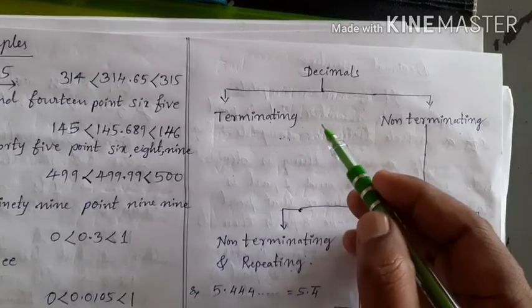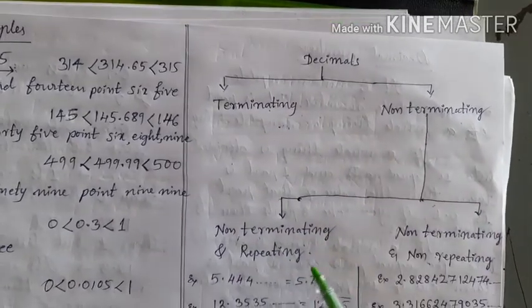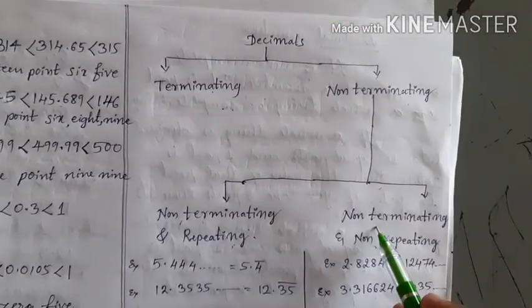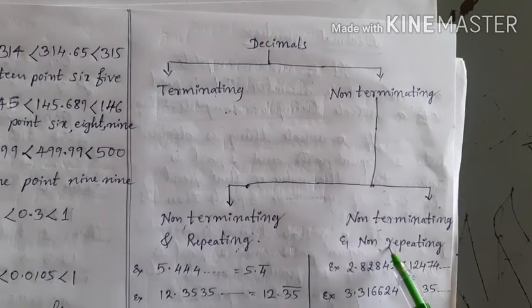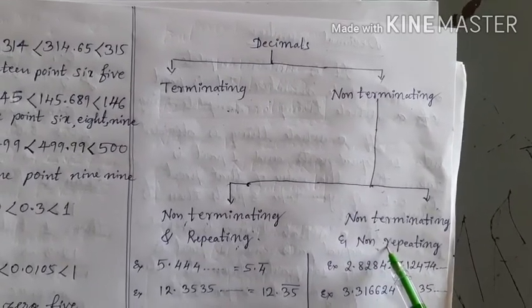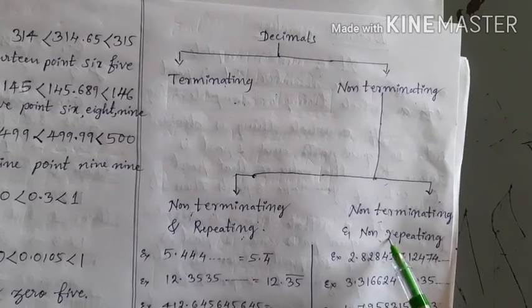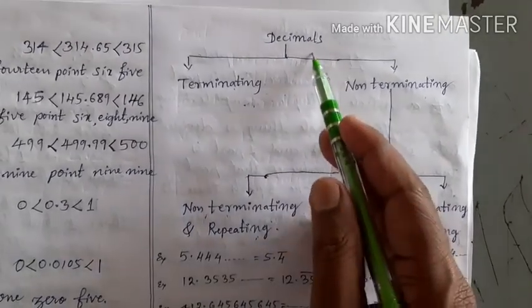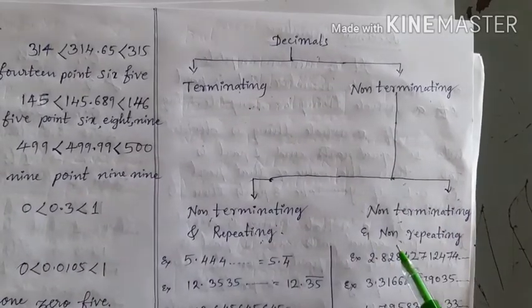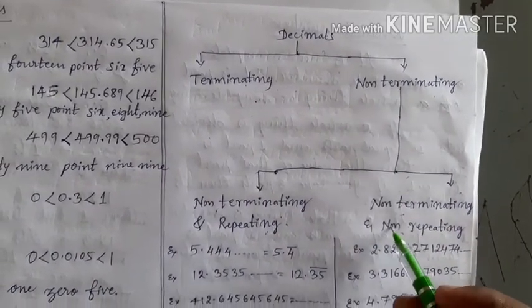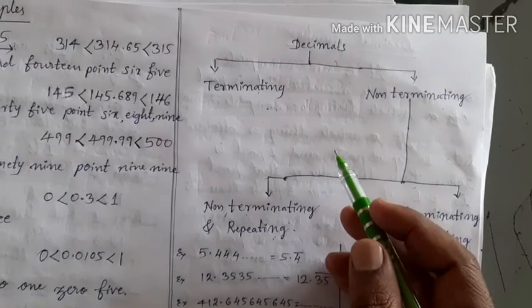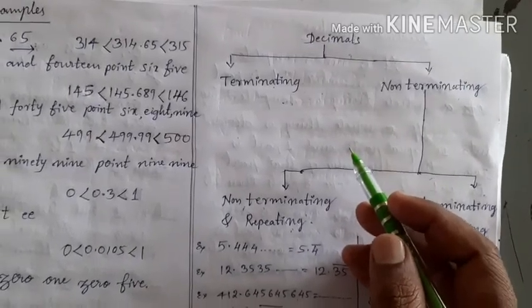But terminating decimals, non-terminating and repeating decimals, and non-terminating and non-repeating decimals are all real numbers. In one word, I would like to say that all decimals are real numbers, but all real numbers are not decimals. We will justify it later.